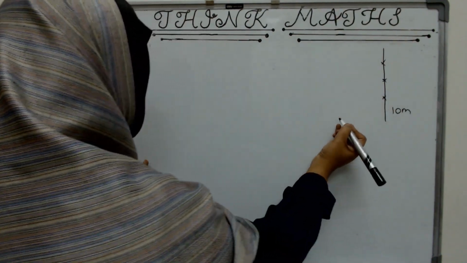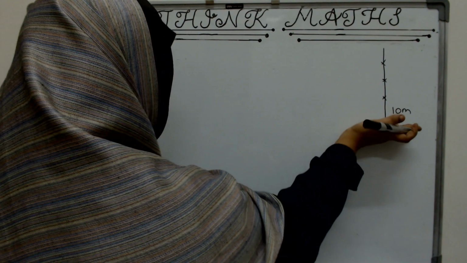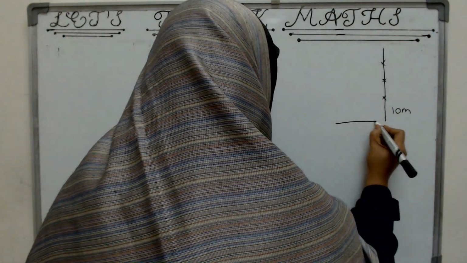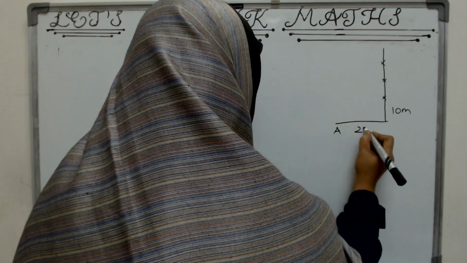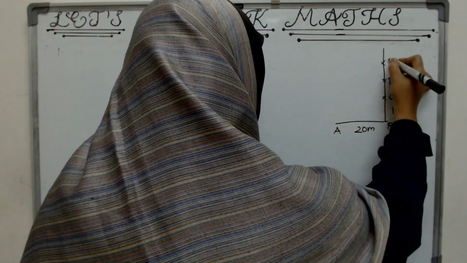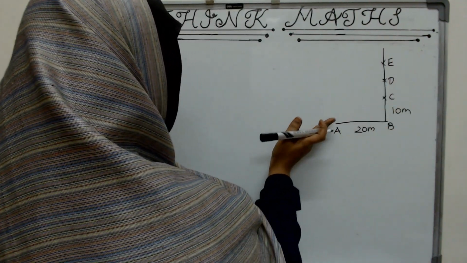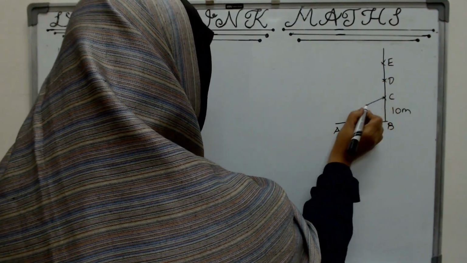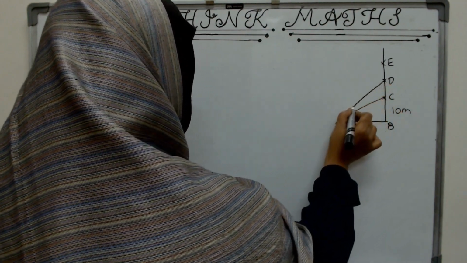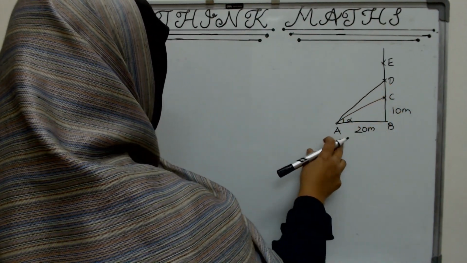Now, there is a man standing at a distance of 20 meters from this building. So here a man is standing at 20 meters. Let us name these points. Now, his angle of elevation to C is alpha. His angle of elevation to D, will it be more or less than alpha?